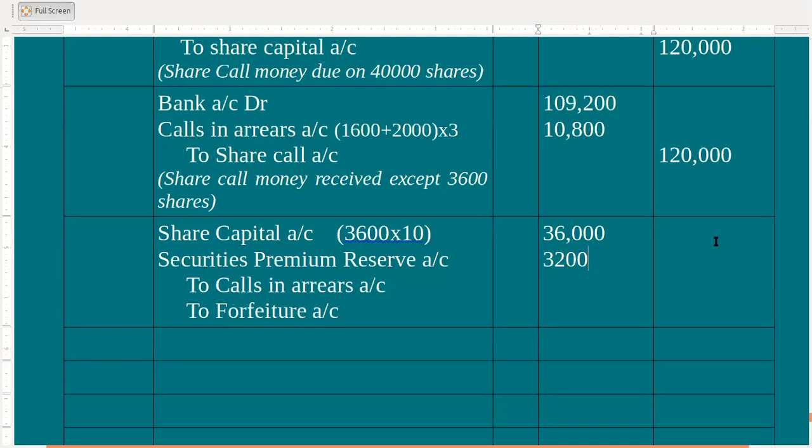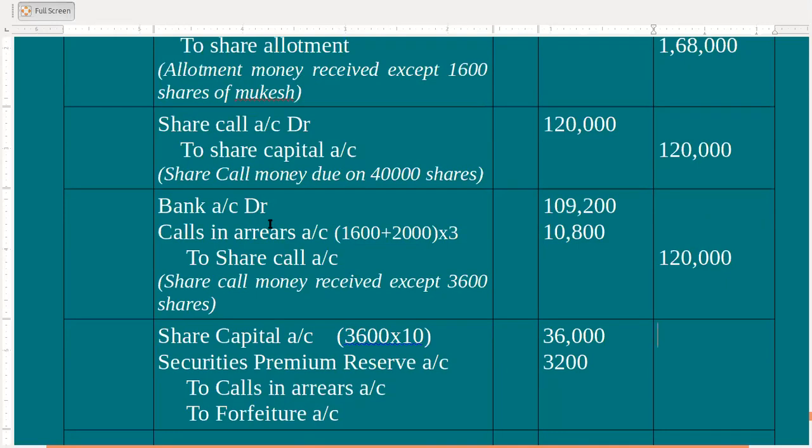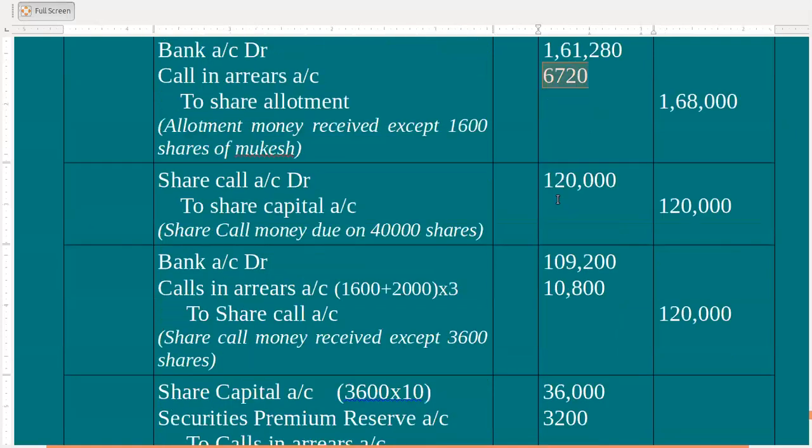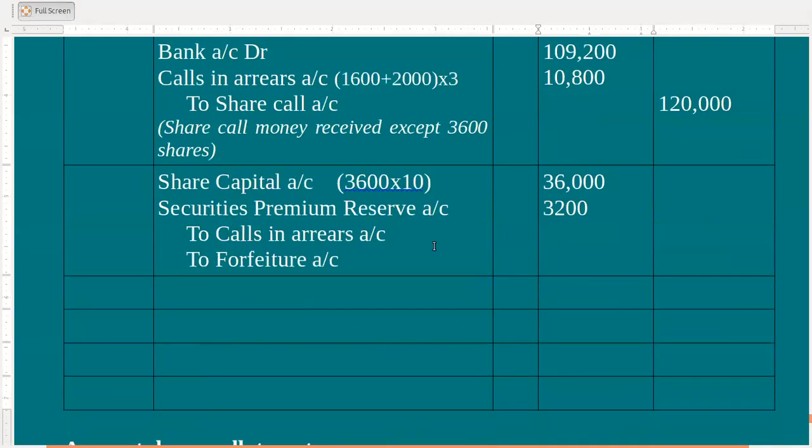Okay, fine. Now call scenarios. We have to sum up the amount. We have two call scenarios here: 6,720 at the time of receipt of allotment money, and 10,800 at the time of receipt of call money. So we have to sum up these two amounts, 6,720 plus 10,800.